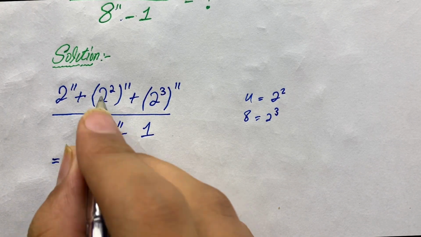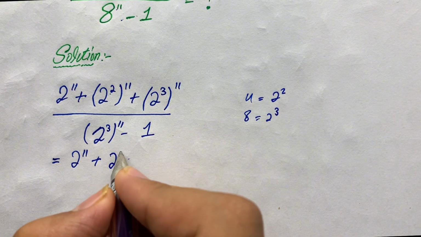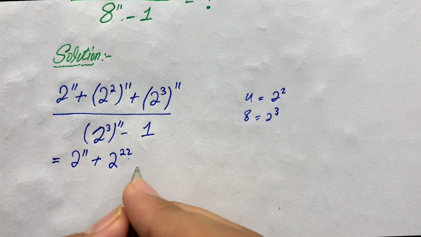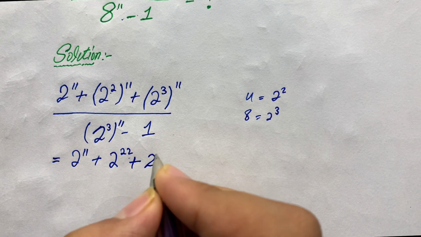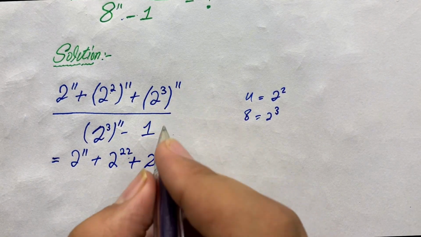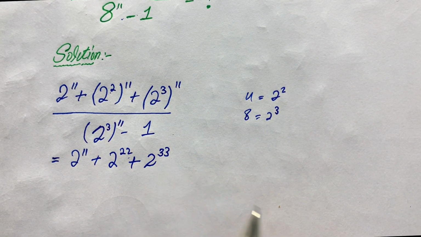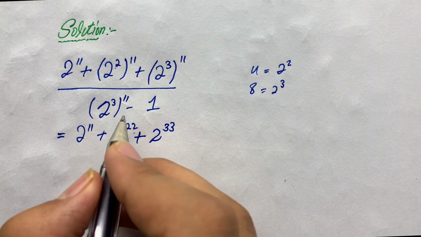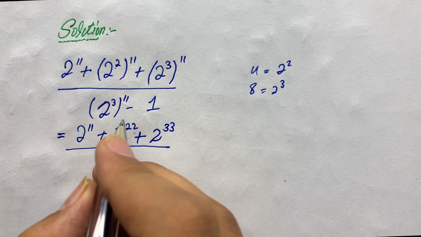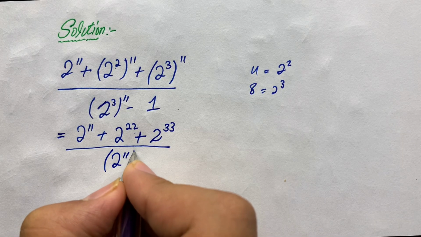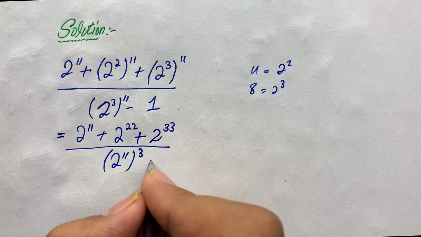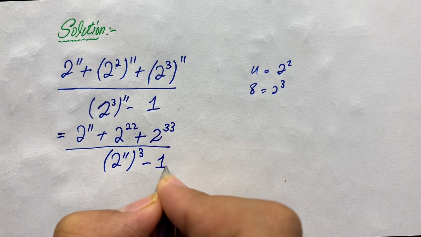This 2 to the power 11 is 2^11, plus (2^2)^11 is 2^22, plus (2^3)^11 is 2^33, divided by 2^33 minus 1.